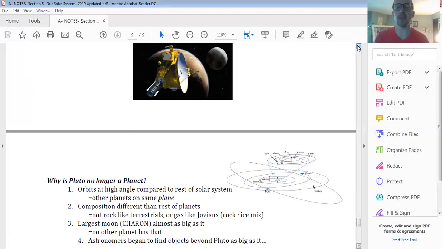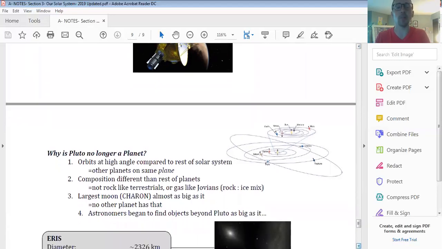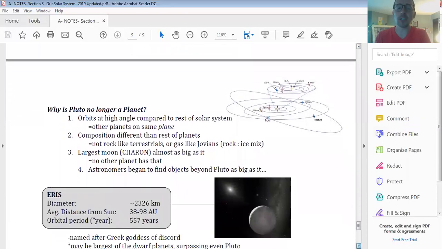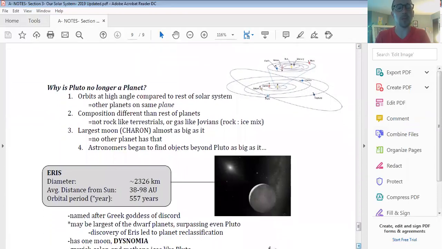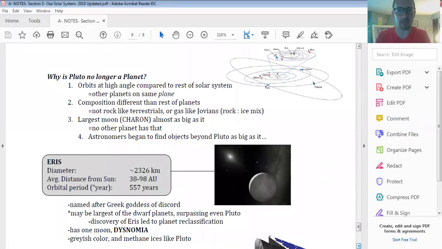But the real nail in the coffin, the real deal breaker, was number 4. Astronomers started to find objects beyond Pluto that were almost as big, and in one case, perhaps even bigger than it. So the first deeper solar system object they found was named Sedna.